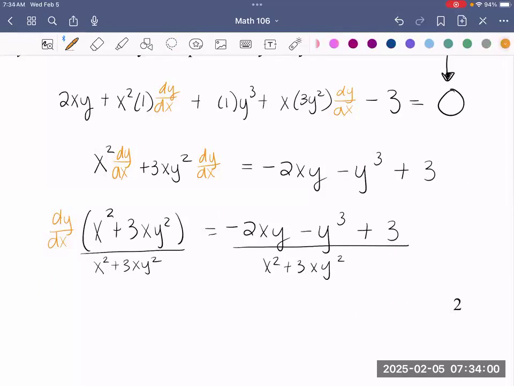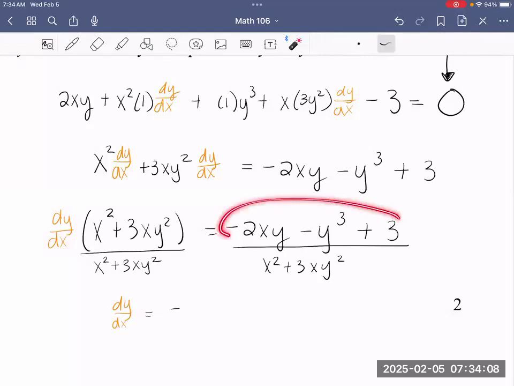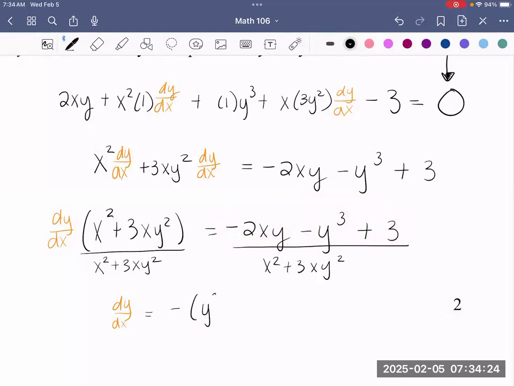So we have dy dx is equal to negative. And this is where we could factor some things out. I'm not in love with having my negative leading coefficient. I also might want to rearrange it so that I'm going in descending order by power. So I'm going to take out my negative, go in descending order.